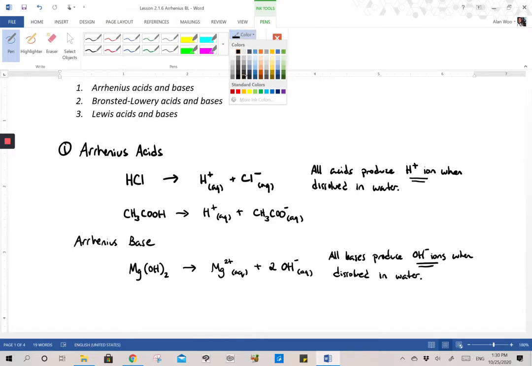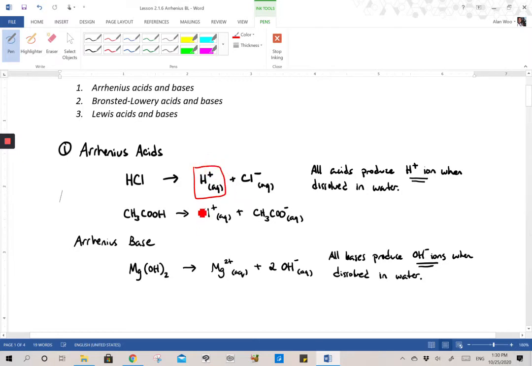So what we're really looking at here is the presence of hydrogen and the presence of hydroxide, okay, for our acids and for our bases respectively. Everything would be fine except when it comes to the bases.